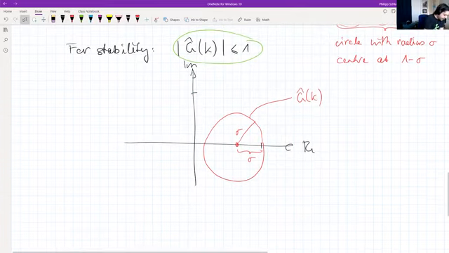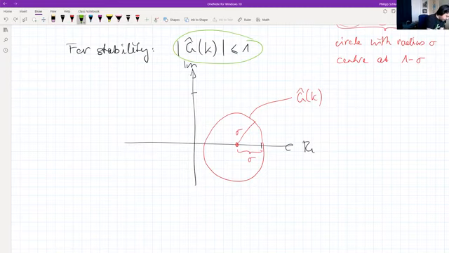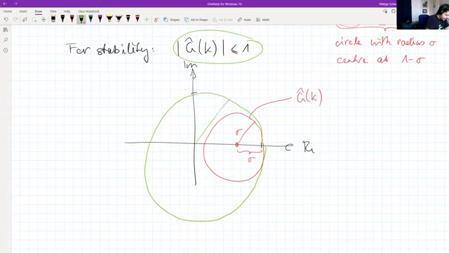But the stability would now be a circle, it's even worse, a circle with radius 1. That corresponds to the stability criterion. So essentially, the absolute value of g lower equal 1.